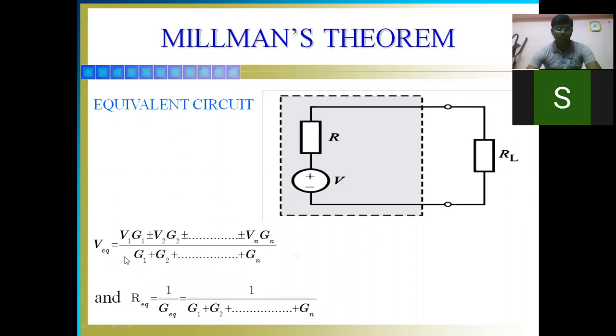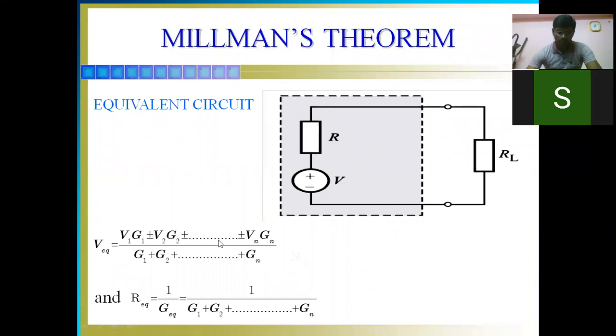We know that. These two are the formulas to calculate V equivalent and R equivalent in order to find the Millman equivalent. Once we find it, we can easily calculate the current flowing through the load R using the simple series circuit principle.